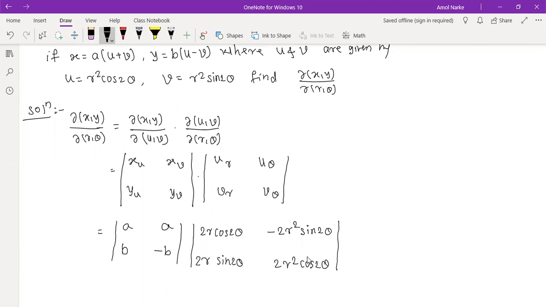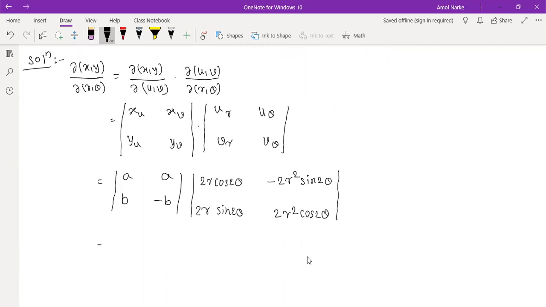Now we can solve these two determinants and take the product. The first value becomes minus ab minus ab, so I can directly write minus 2ab. Here, if I multiply 2r into 2r square, it becomes 4r cube cos square 2 theta, and minus minus plus again 4r cube sin square 2 theta.